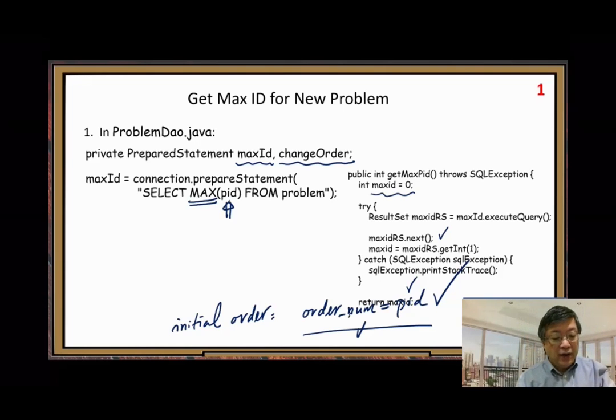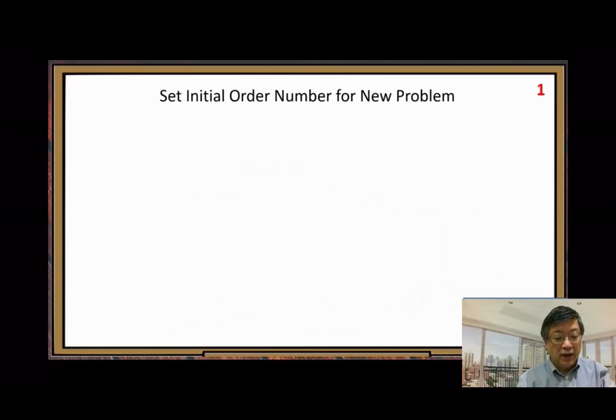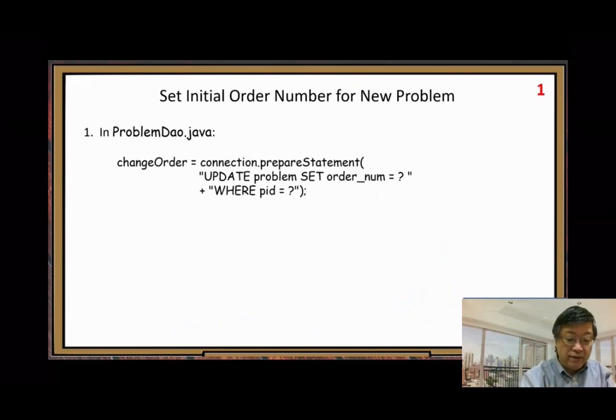The second query, to change the order number, we need to define that query statement. This time we use an update statement: update problem set order number equals question mark, where PID equals another question mark.